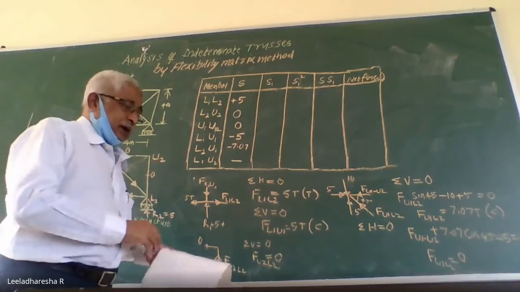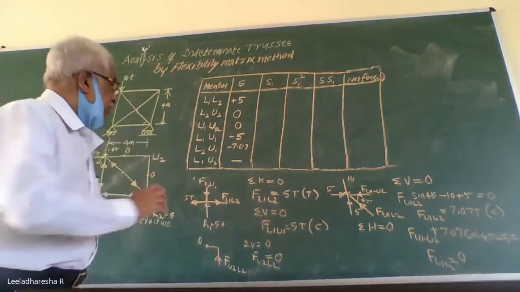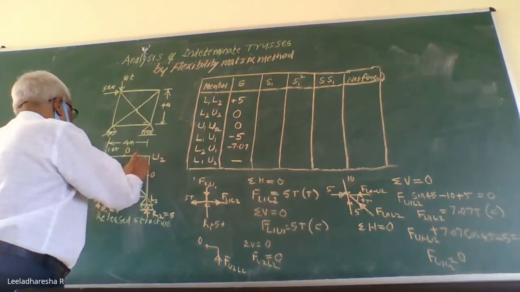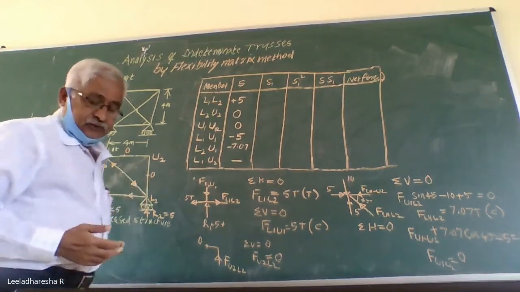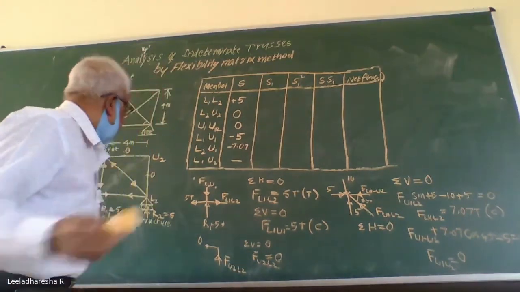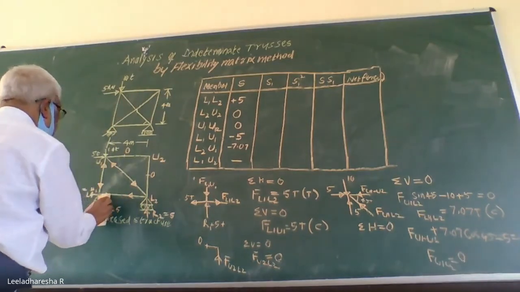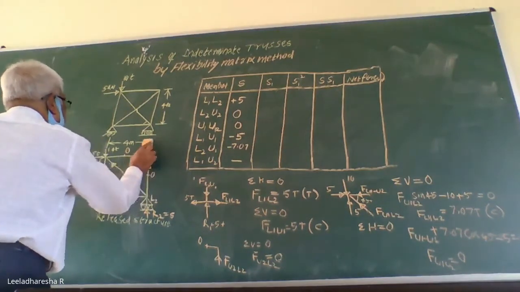Now we will apply unit load in the direction of coordinate 1. Coordinate 1 was taken as this diagonal. Right? If I apply 1 kilonewton force here, what is the forces in the members? So now we will apply 1 kilonewton force in the direction. Okay, I will go for the next figure.